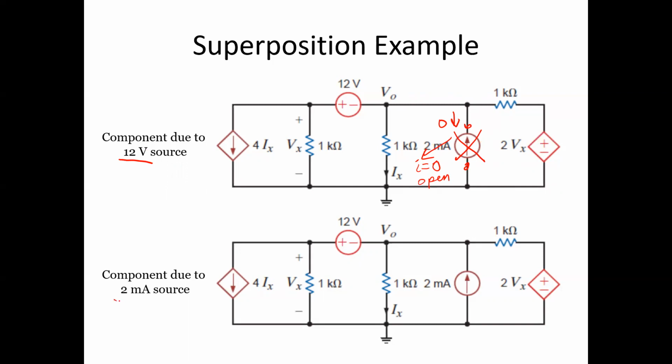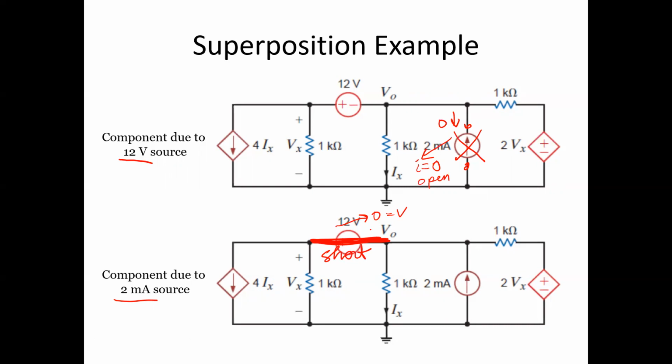And if you look at the component due to the 2 milliamp source, then we have to turn off this source. The 12 volts is now going to become 0. A voltage equivalent to 0 just turns this into a short circuit. So it's like we have a wire here. And again, we don't touch anything else. We're just left with these two subcircuits.